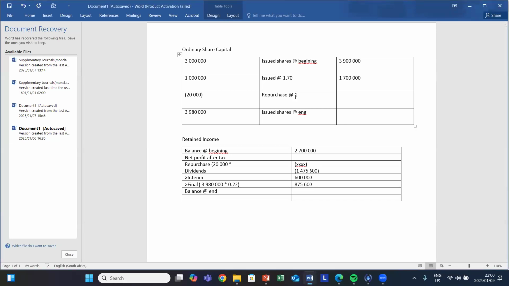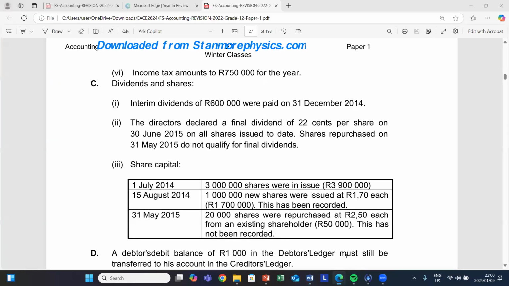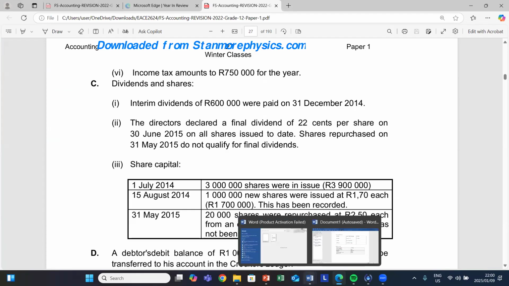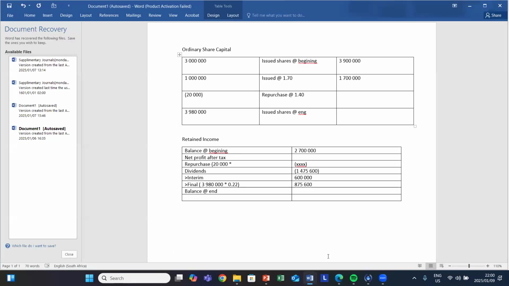Already we have our average price, meaning we can get our difference. Let's go to the adjustment. In our adjustment, they told us that 20,000 shares were repurchased at 250. So 250 is basically your market price. But then Tina, when we are dealing with our ordinary share capital, we have a market price, we'll write it as MP. Our market price is 250.